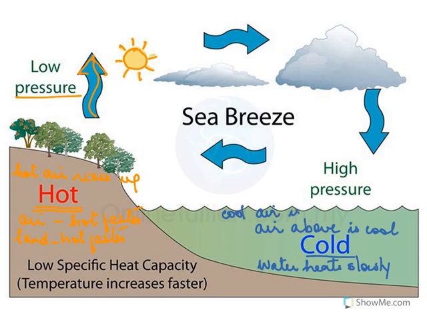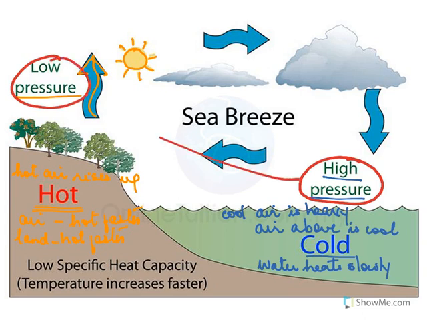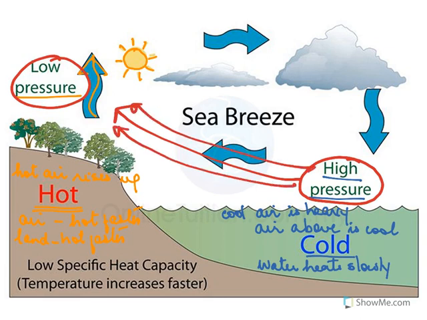Cool air is heavy, so there is high pressure above the sea. And when there is a difference in pressure, the air moves from a region of high pressure to a region of low pressure. So it moves here. And these are called sea breezes, because they come from the sea, and they come during the day.